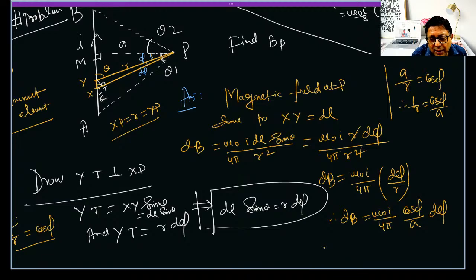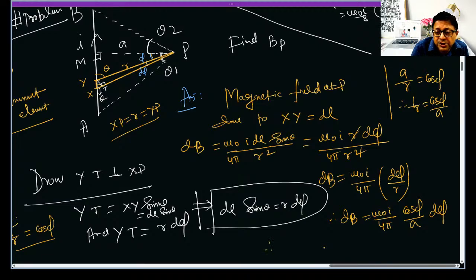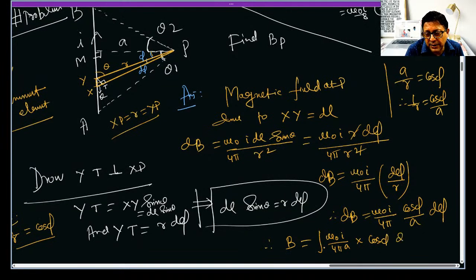Now net B will be what? That is integration. B will be the integration of mu 0 I by 4 pi a, cos phi d phi. You have nothing to think about this part because this is constant.